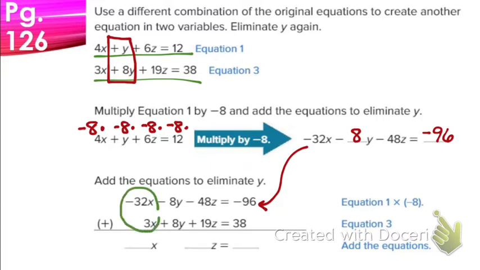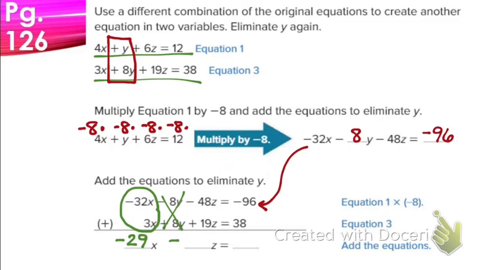Negative 32x plus 3x, negative 29x. Negative 8y and positive 8y? Cancels out. Negative 48z and a positive 19z. Negative how much? Because I have negative 48 and a positive 19.